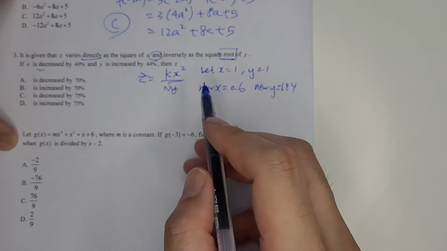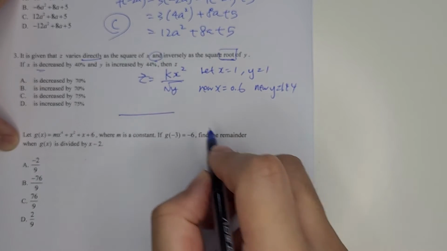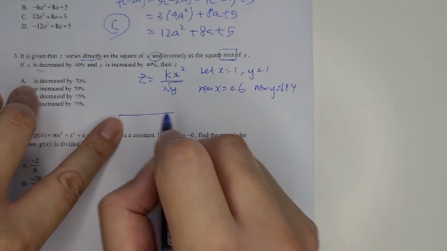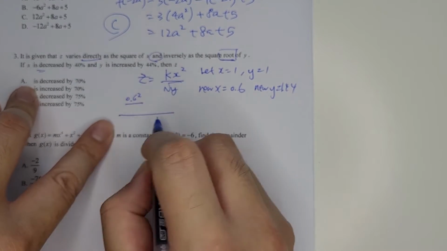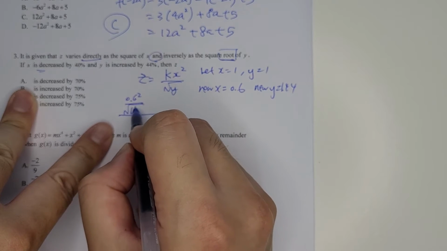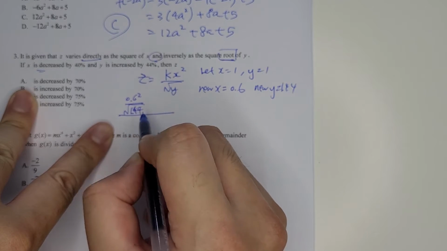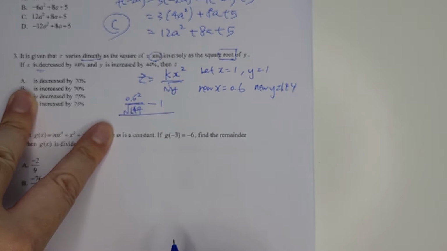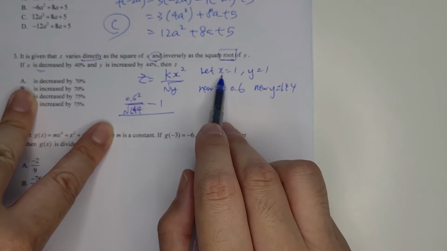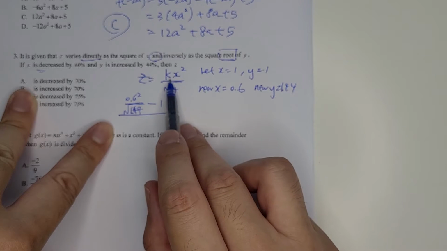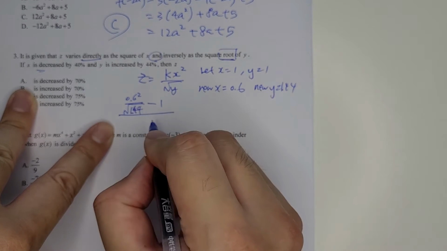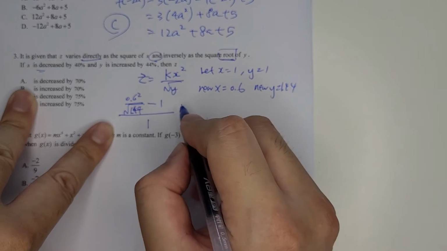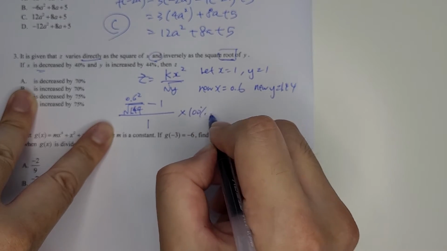So you find the percentage change of z, that will be 0.6 brackets all square over square root 1.44. That's the new value of z minus the original value of z, 1. Because when x equals 1, y equals 1, you can also assume k equals 1. So z equals 1, divided by the original value of z times 100%.